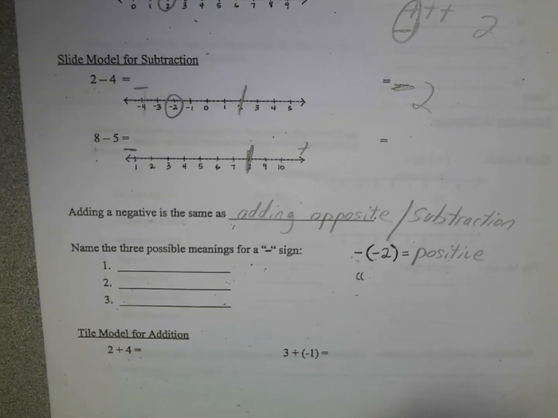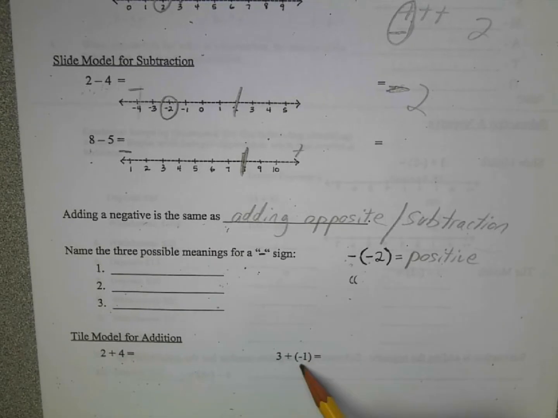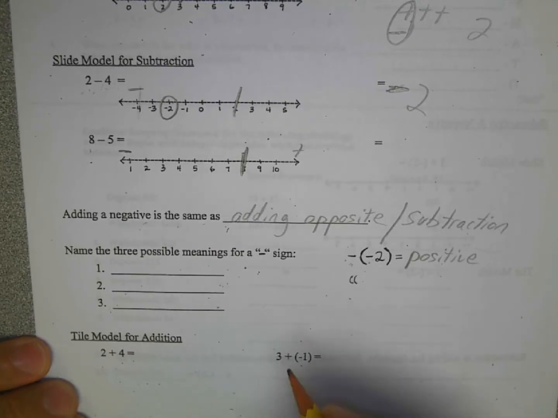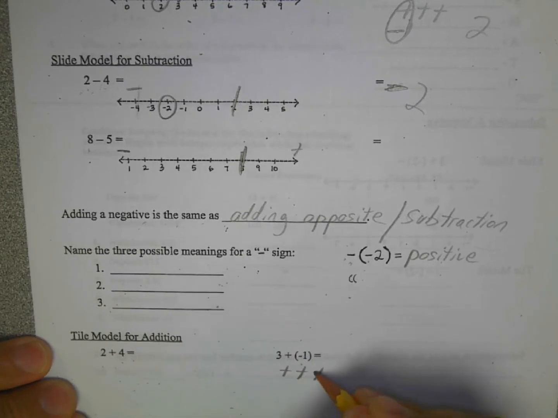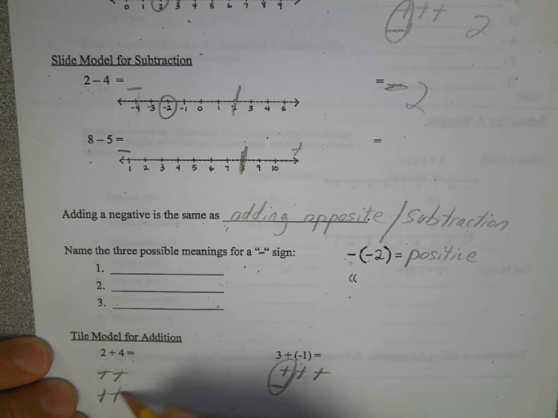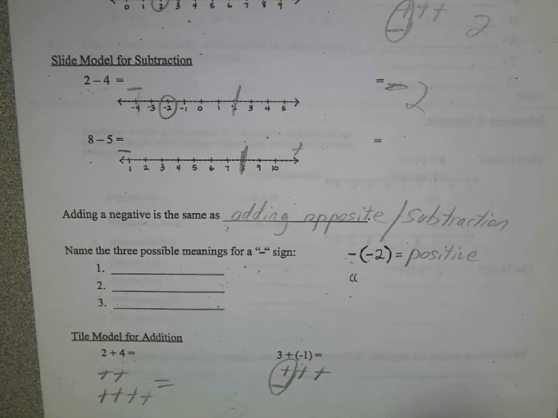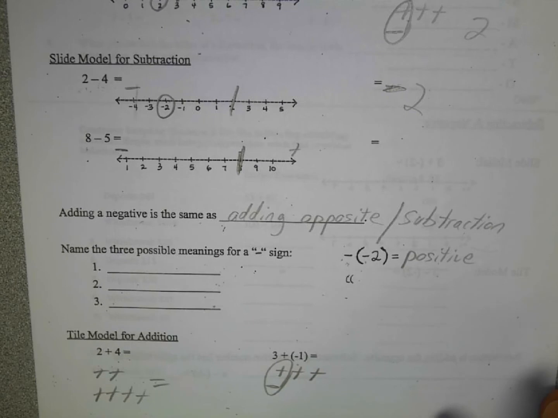I want you to try some of these at the bottom. You could just find the answer right away if you know it, or you can use a model. So if you're using models, if I have 3 pluses and 1 minus, how many pluses are left? If I have 2 pluses and 4 pluses, how many pluses do I got? So use those models, find the answer for that.